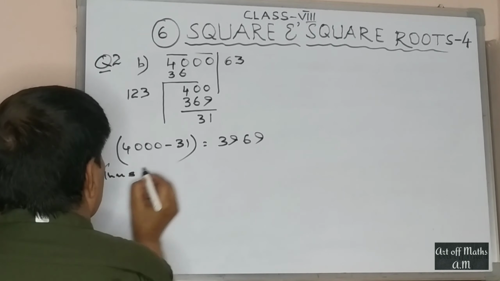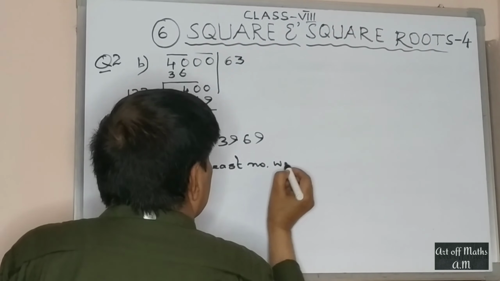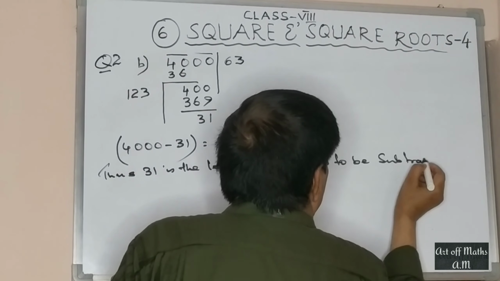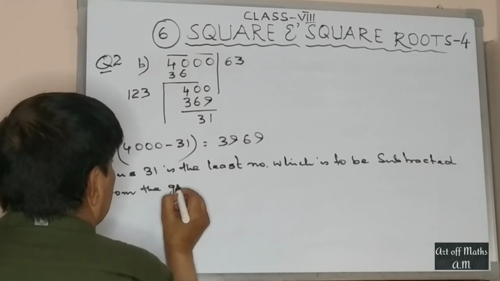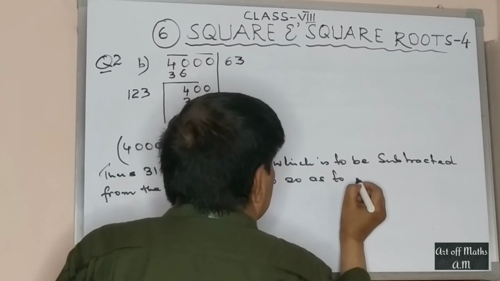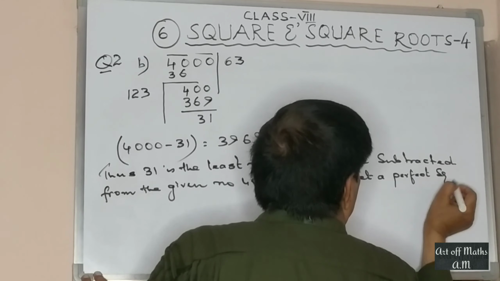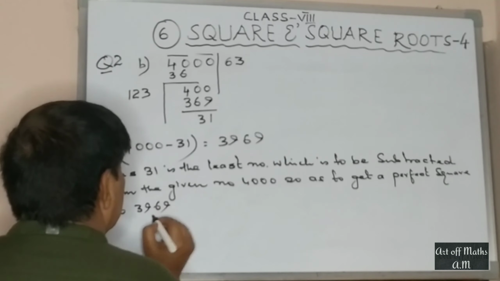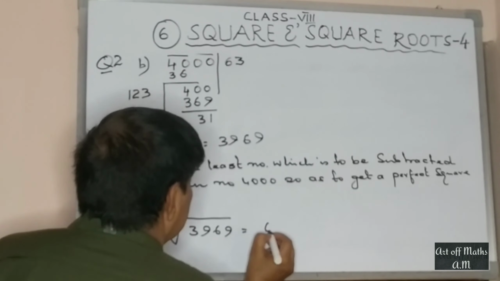Thus 31 is the least number which is to be subtracted from the given number 4000 so as to get a perfect square number, that is 3969, and the square root of 3969 would be 63.